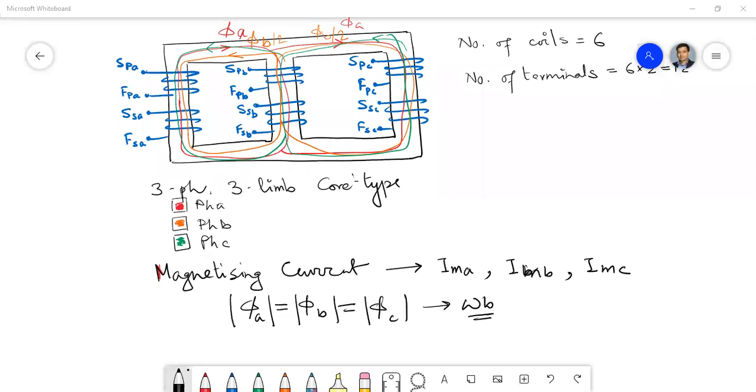Anybody else? Moumita Kundu. Moumita Kundu. Are you there?